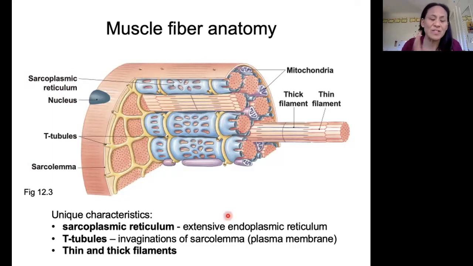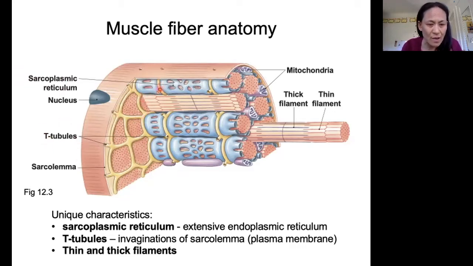And then we have these specialized structures, right? So we have this extensive endoplasmic reticulum inside of a muscle fiber, which we call the sarcoplasmic reticulum. And as you'll see, it plays a very important role in muscle contraction because it stores the calcium that is the signal for the muscles to contract, okay? Another thing that I want to point out is we have these T tubules here, okay?